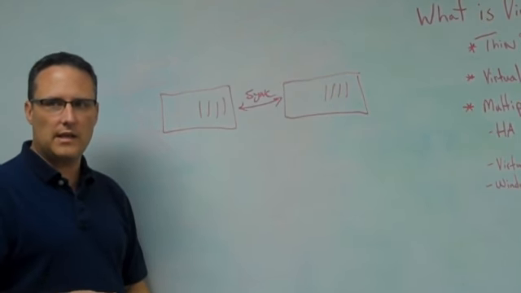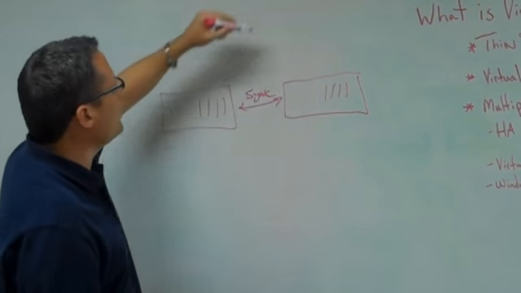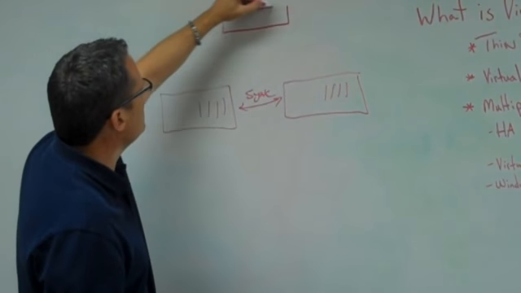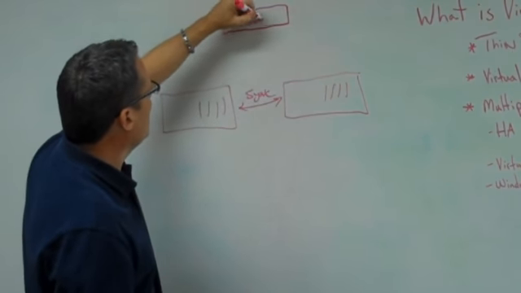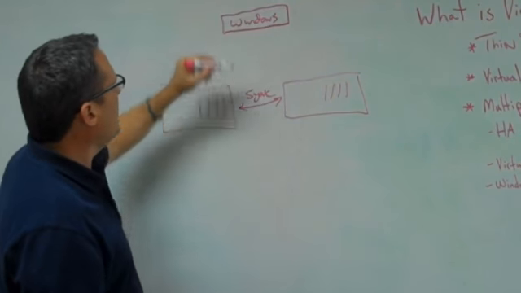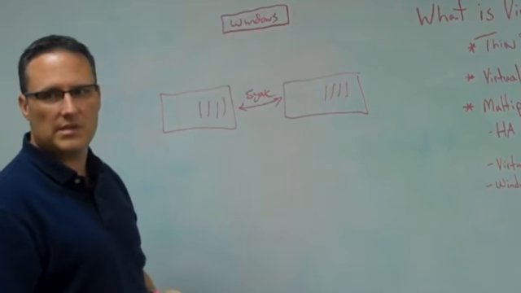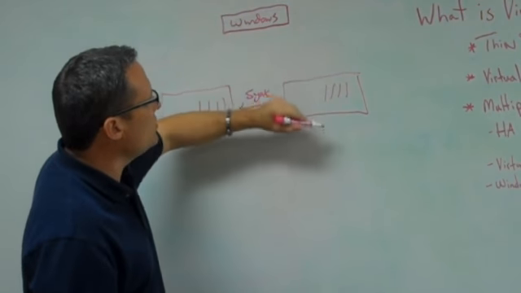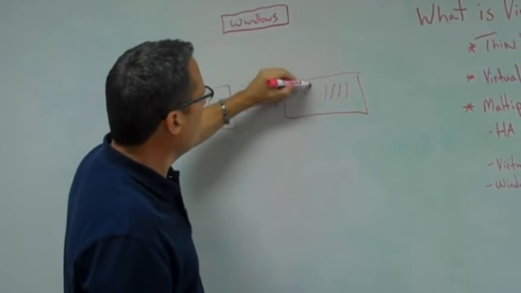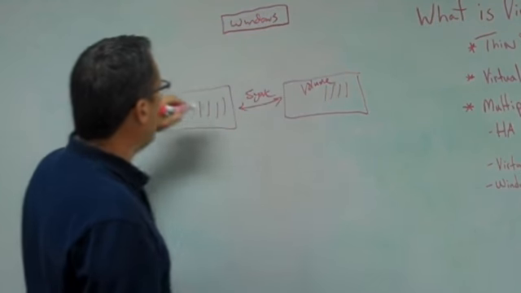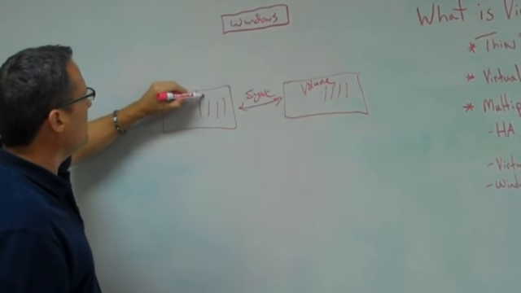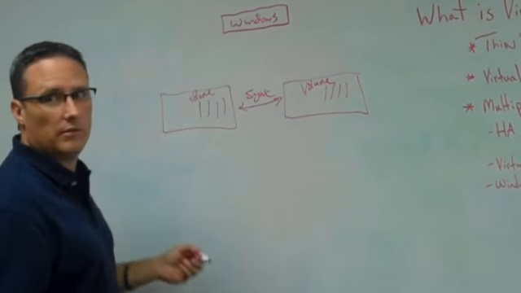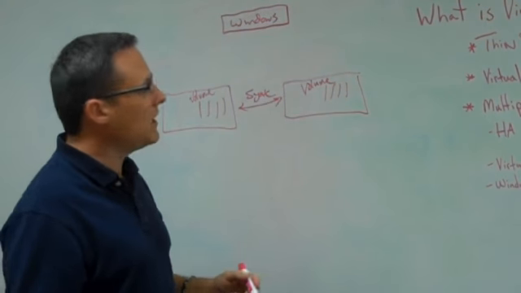Now, in order to make that data available to your server, let's again say we have a Windows server up here, and a Windows server is not going to be able to look at both at the same time. Not possible. So what happens is you create a volume on both sides of your SAN. Volume being just like a LUN, and we've always used that term.